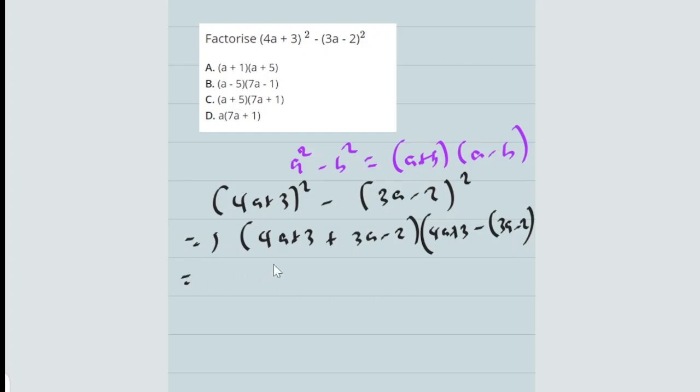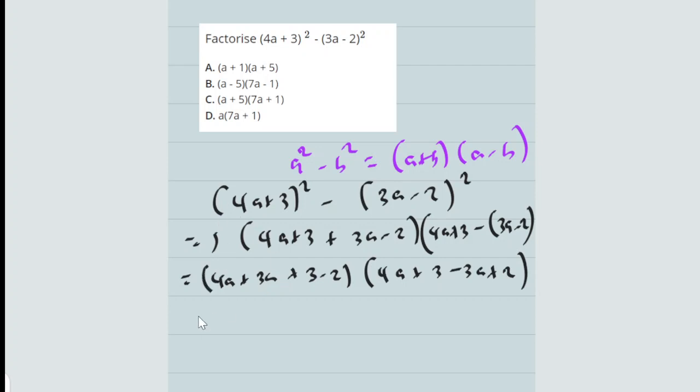Okay, let us simplify it further. Oh, sorry, I made a mistake: it should be minus 2. So 4a plus 3, then you open the bracket, it is minus 3a plus 2.